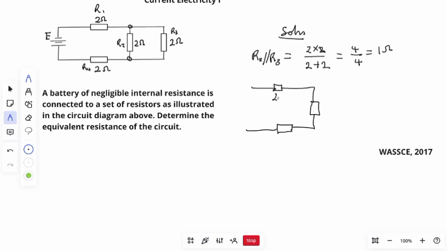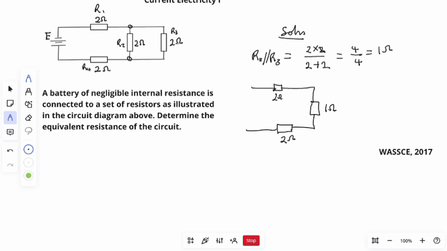While here is still 2 ohms as it was, here is the equivalent. This one resistor is now representing the equivalence of these two resistors, which is now 1 ohm. And here remains our 2 ohms.